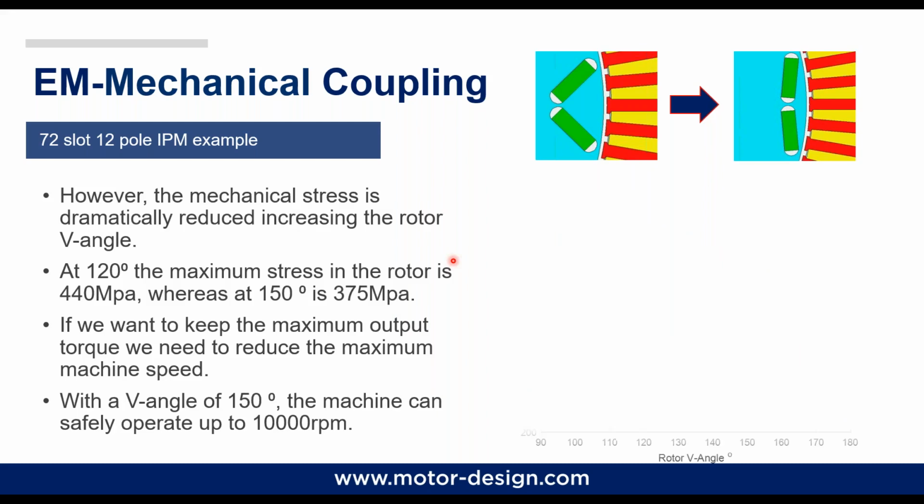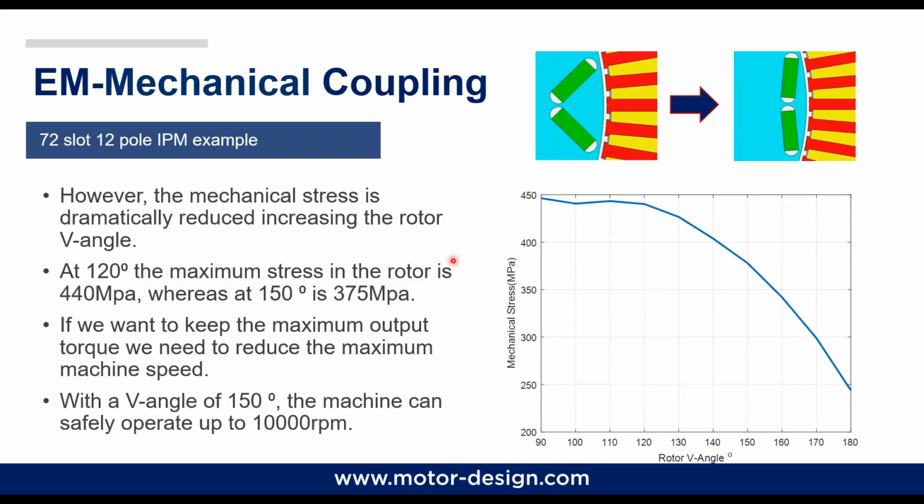But when we bring the mechanical calculation in and we consider the electromagnetic mechanical situation with the maximum mechanical stress acting here on the rotor bridges of the machine, we see that using a 120 degrees V angle, the mechanical stress is about 440 megapascal, and this value is above the maximum allowed one.